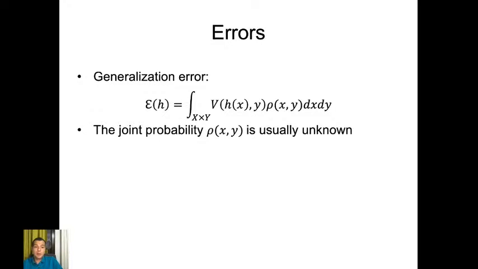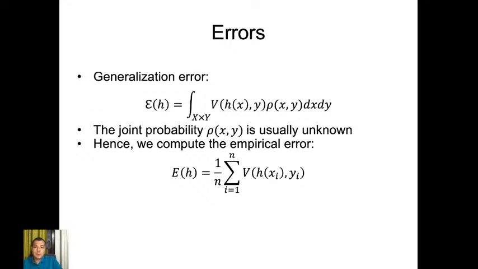In practice, it is impossible to compute because the density of the space is impossible to compute. So what we have in practice is the empirical error. This is essentially based on the same formulation, but instead of an integral, we use a sum.